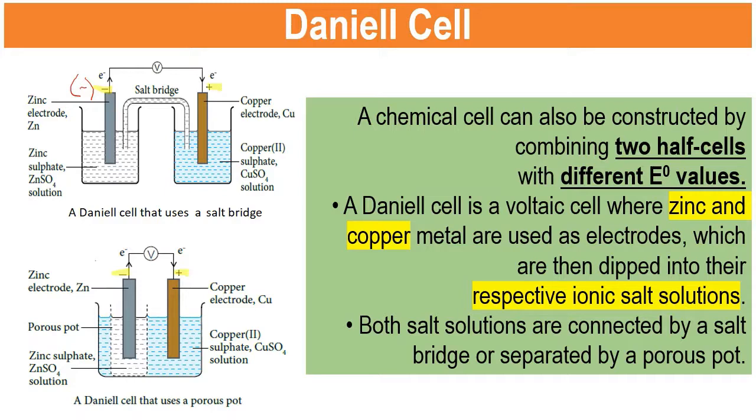So we can see the copper electrode is immersed in the copper sulfate solution, while the zinc electrode is immersed in the zinc sulfate solution. That is the first rule of Daniell cell. Both salt solutions are connected by a salt bridge or separated by a porous pot.